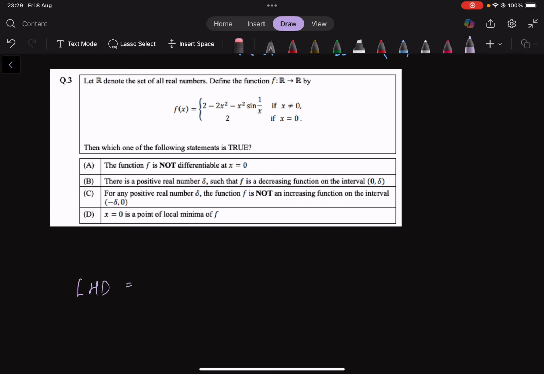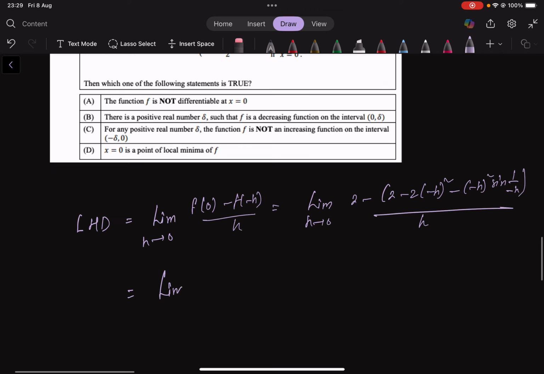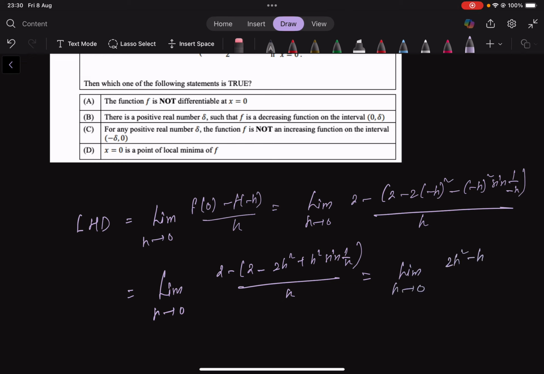at 0, that is limit h tends to 0, f of 0 minus f of minus h by h. That is equal to limit h tends to 0, 2 minus 2 into minus h whole square minus (minus h) square sine 1 by minus h, by h. And that is equal to limit h tends to 0, 2h square plus h square sine 1 by h, by h.